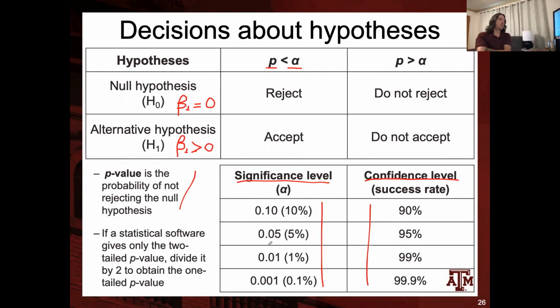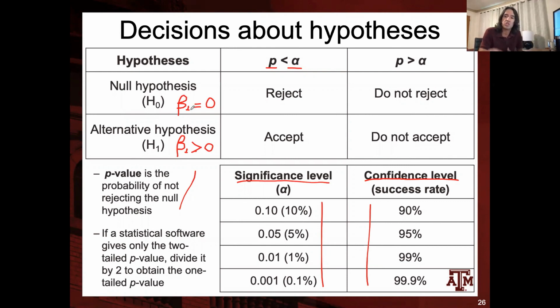And if the probability of not rejecting the null hypothesis is, sorry, here I said correct, right? The probability of not rejecting the null hypothesis is smaller than my significance level. I reject the null hypothesis that age does not impact earnings, and I accept the alternative hypothesis that age has a positive effect on earnings. If the probability of not rejecting the null hypothesis is actually too big, I do not reject the null hypothesis that age has no effect on earnings.